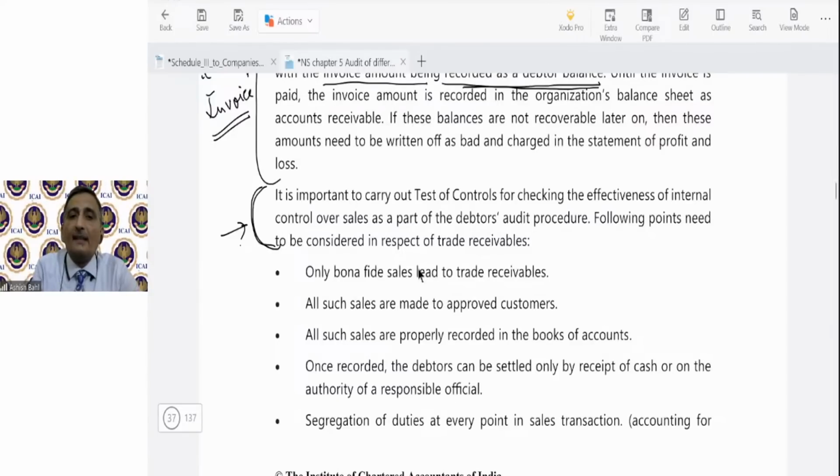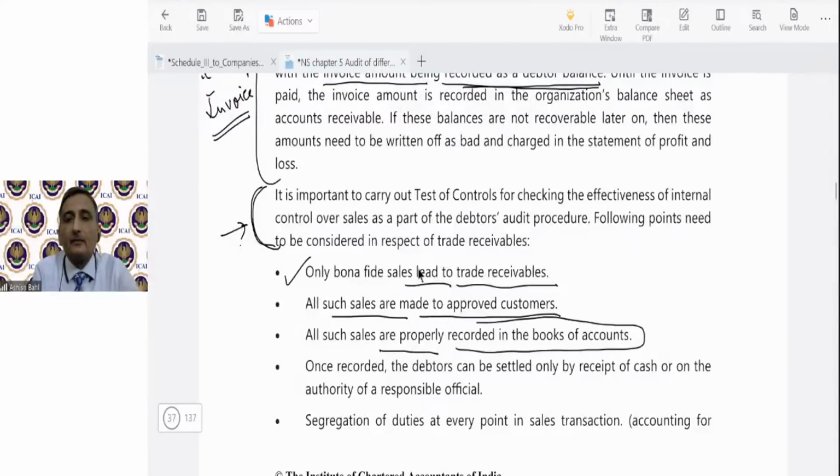Following points he would consider: that only bona fide sales lead to trade receivables. All sales are made to approved customers. All sales are properly recorded in books of accounts. So he would see how the company's system ensures that all sales made are recorded in books of accounts.